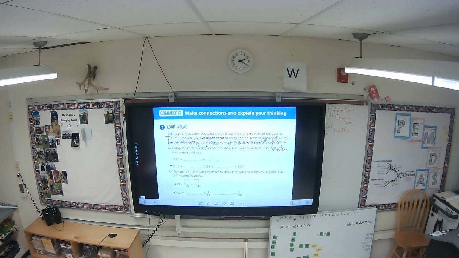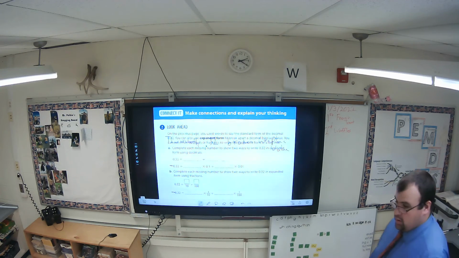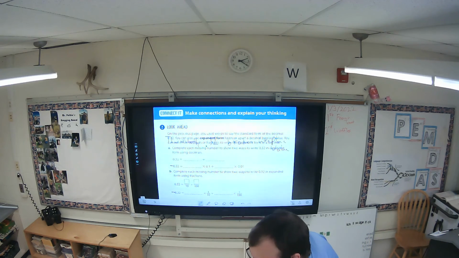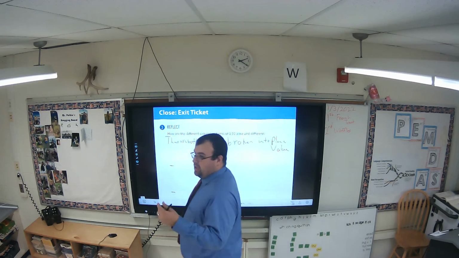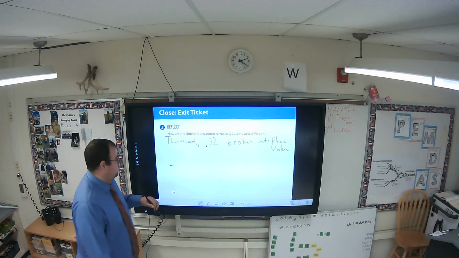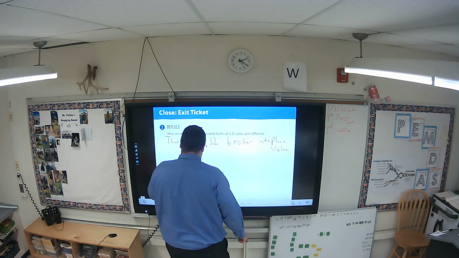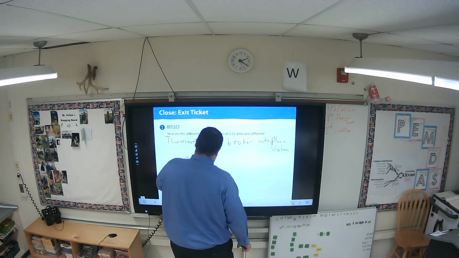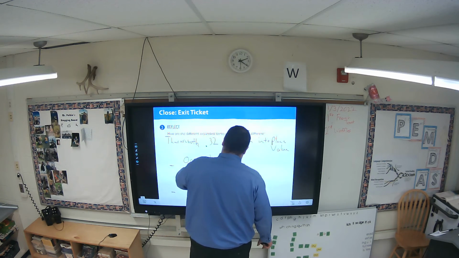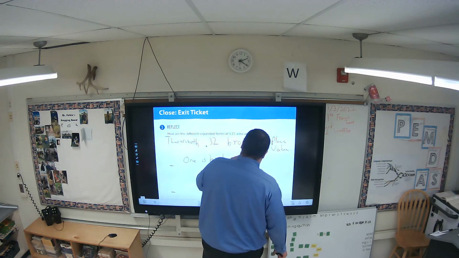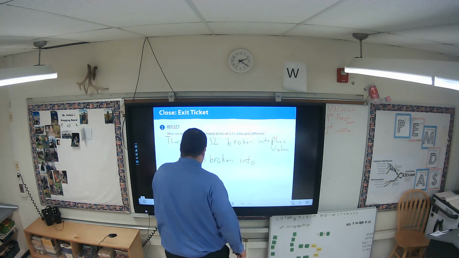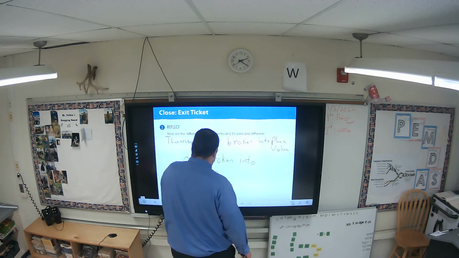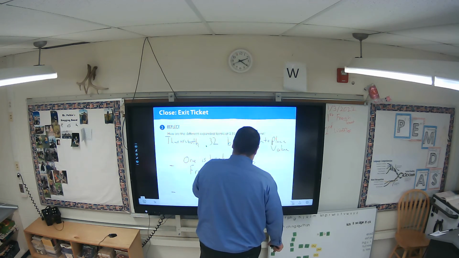Because one is being broken up into fractions, and the other is being broken up into decimals. Yes. One is broken into fractions. The other is broken into decimals.